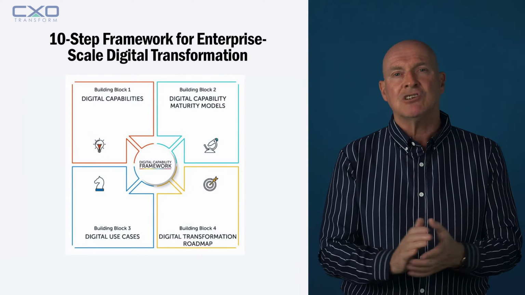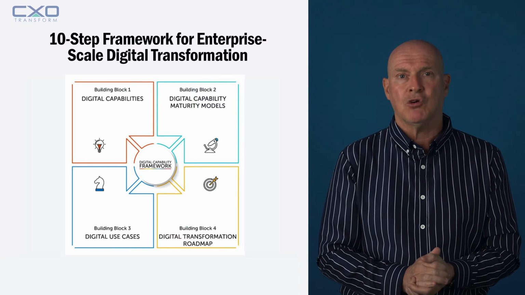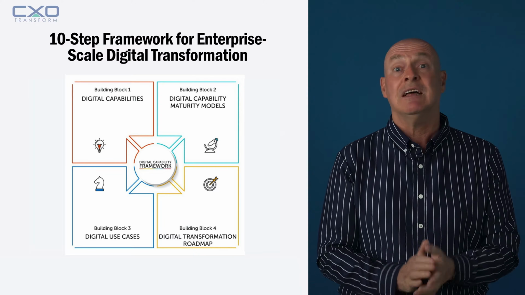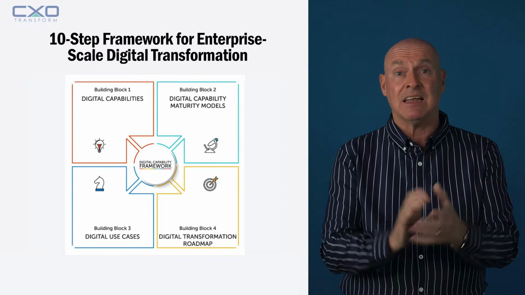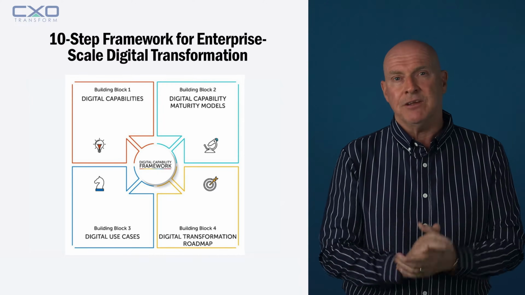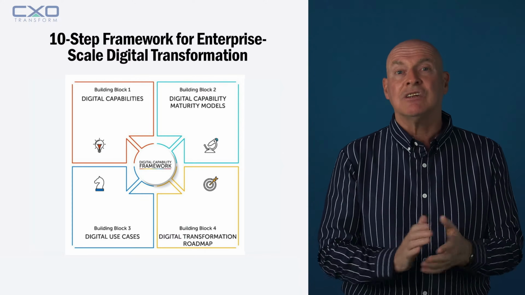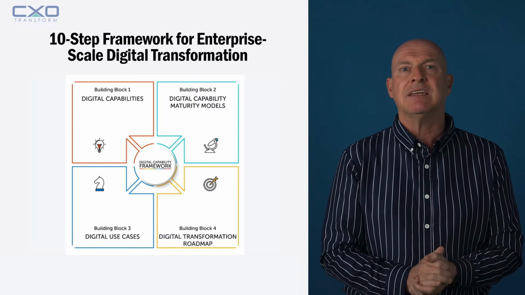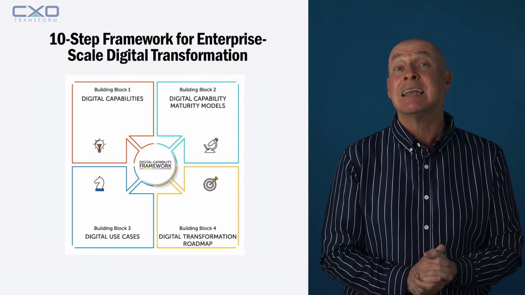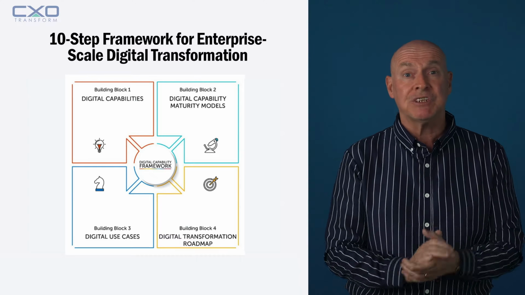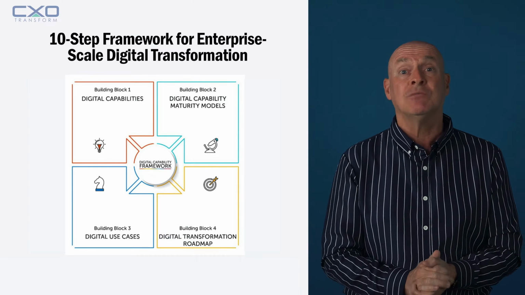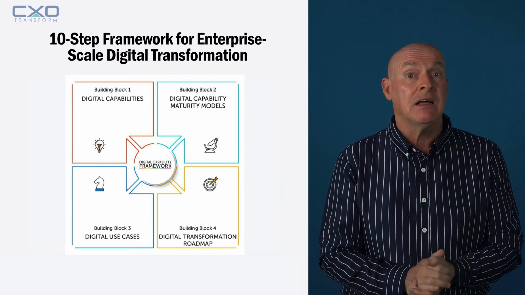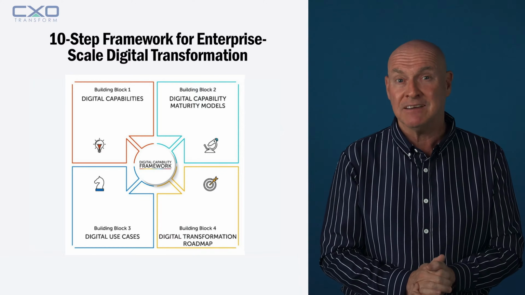Now, it's really essential that you use a structured approach towards your digital transformation and leverage a strategic management tool that's designed specifically for transformation. In this video, we're drawing upon the Digital Capability Framework, which is a strategic management toolset that enables transformation executives to obtain clarity about what maturity level their organization has in terms of the 6 digital capabilities, what maturity level they want to achieve, and how they plan to do it.